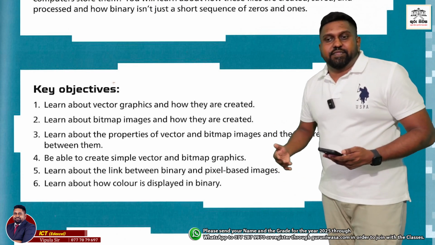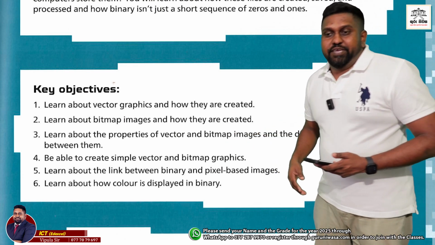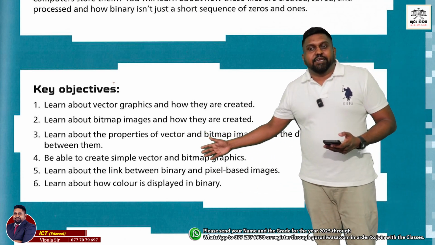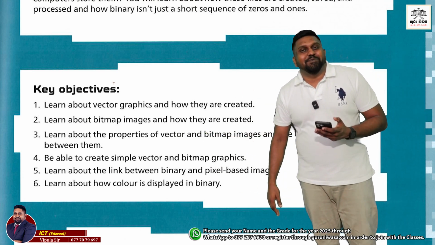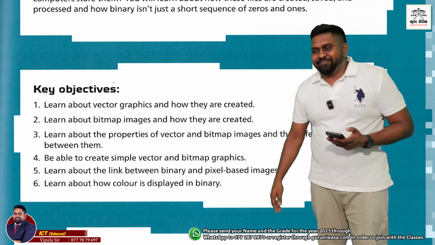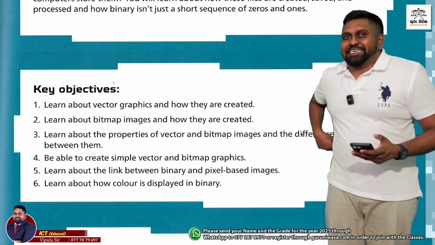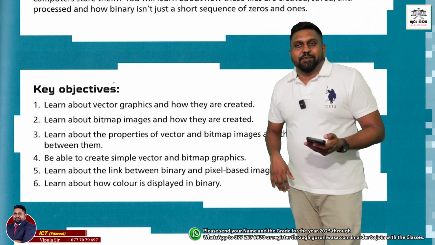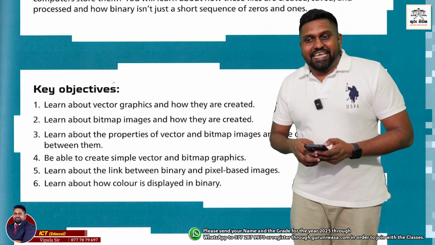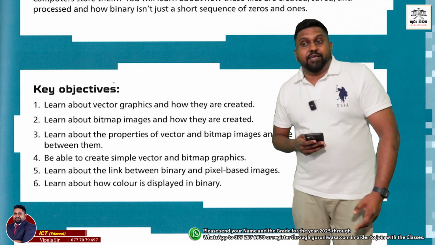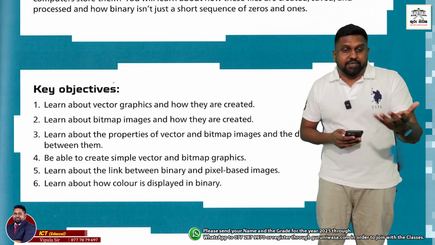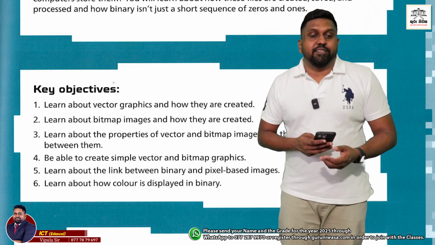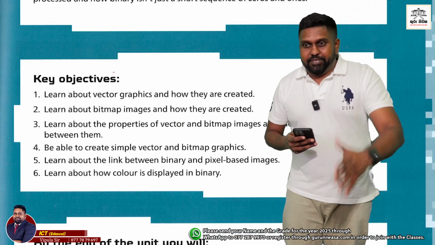You should also be able to create a simple vector graphic. I will show you a website where you can try it out. And then we'll talk about how images are created based on pixels and how they are displayed as binary. Okay, let's jump in.